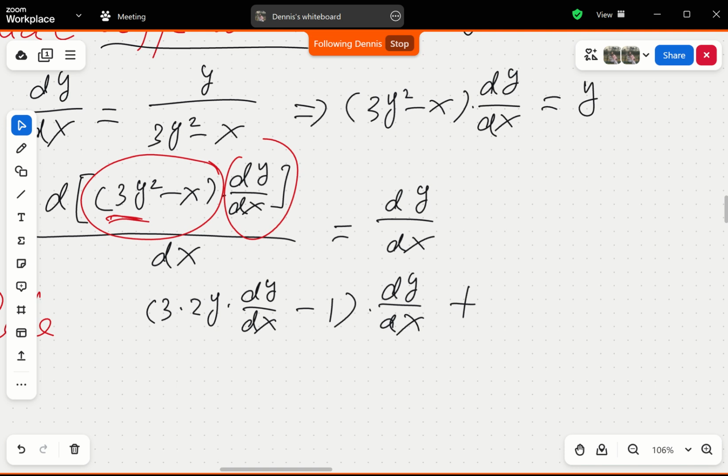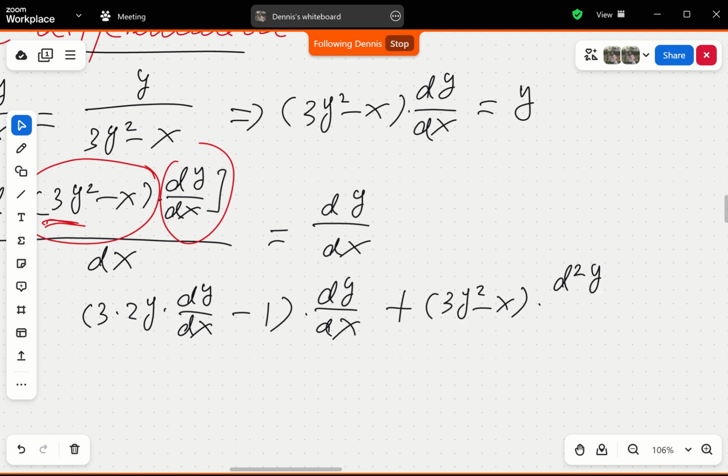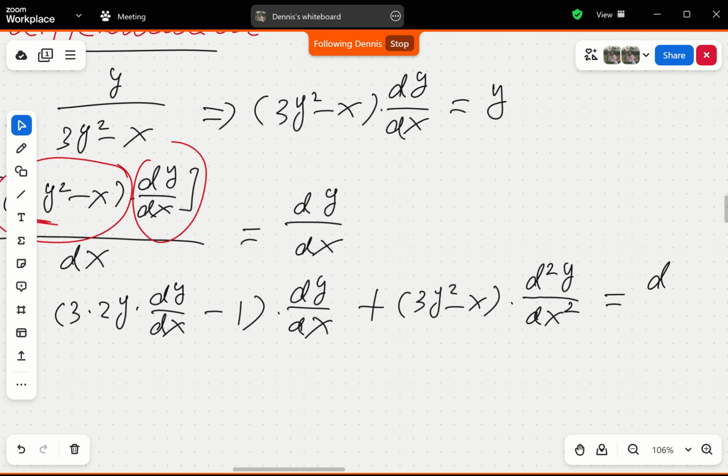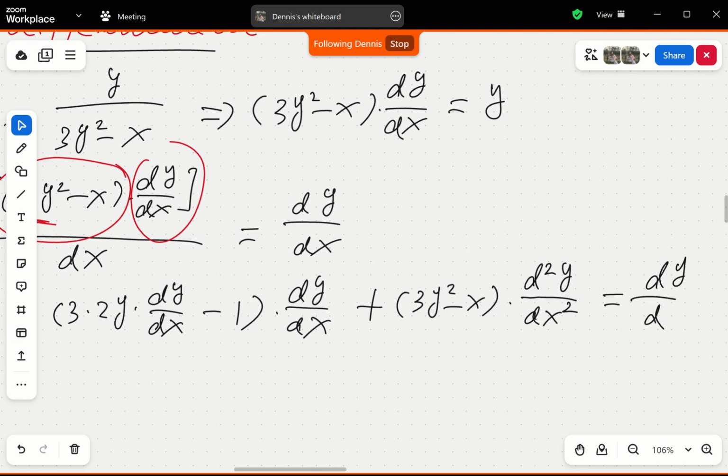Okay, good. Plus the first term, 3y squared minus x, times the derivative of the second term, which is the second derivative of y with respect to x. So this is the left-hand side. After applying the product rule, it equals dy with respect to x.